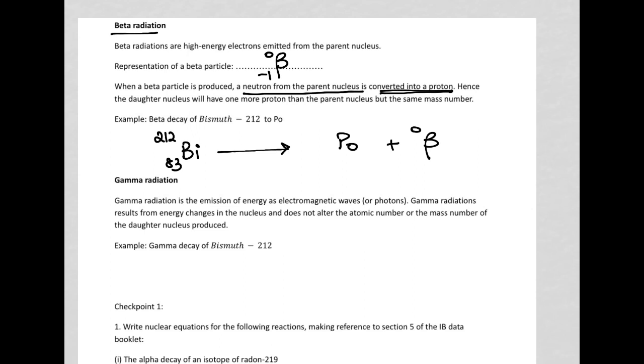So this is 0, -1. So then here this is going to be 84, because 84 minus 1 gives you 83. So it matches this number. And this is going to be 212 similarly, because this is 0 here, right? So which shows that one neutron is converted to a proton. So you have one additional proton here.